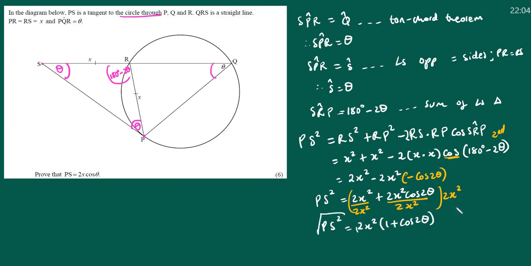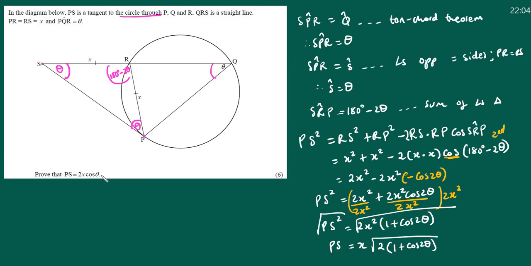Okay, root both sides. You are going to have PS being equal to x into root 2, right? Because the root of 2 is just the root of 2. And then in here you have 1 plus cos 2 theta. The one that has a square root, you just take it out in simple terms.